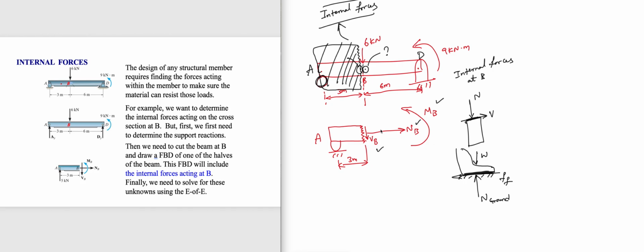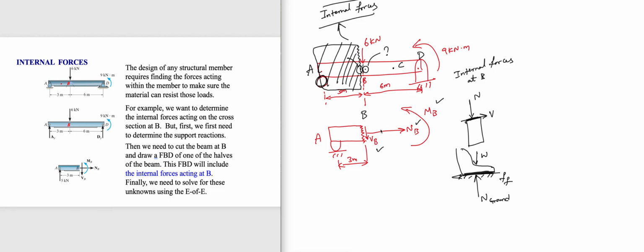For example, I ask you, hey, what is happening to a different point? Let me give a point between B and D, right? Yeah, this is the point C. It's syncing now. That's the point C. If I'm asking you what is happening to C, what will you do? You make a cut, imaginary cut.